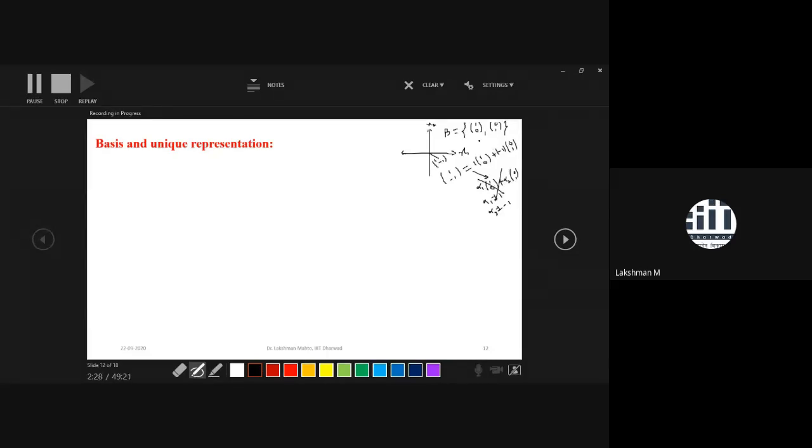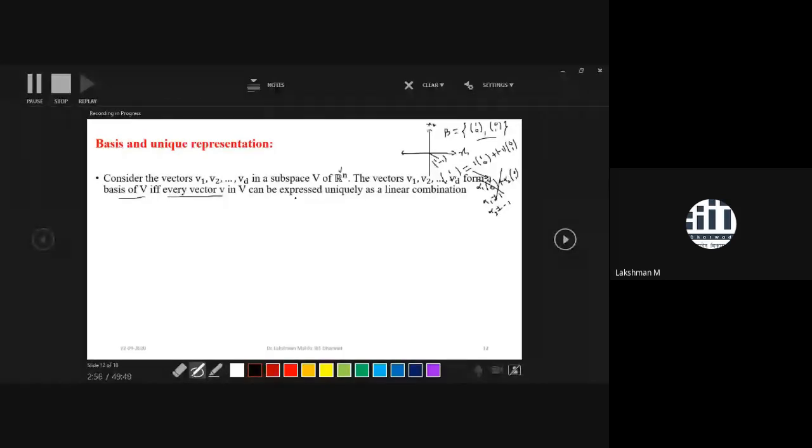So every vector in a given subspace always has a unique representation. That is the criterion. Consider we have d vectors in a subspace V of n-dimensional Euclidean space Rn. Then the vectors v1 up to vd form a basis of V if and only if every vector from the given subspace V can be expressed uniquely as a linear combination of these d vectors.